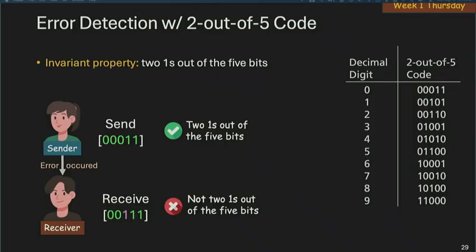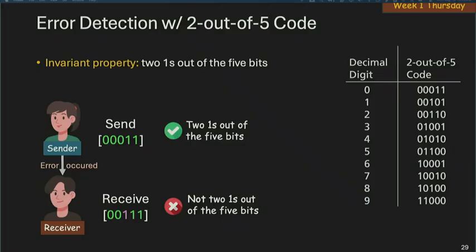Can you give an example on the whiteboard? Okay, yeah. So if you send me 0, 0, 0, 1, 1. This one has an even number of 1s, essentially 2 out of 5. And if there's a 1-bit error, how many 1s do you have in the code?